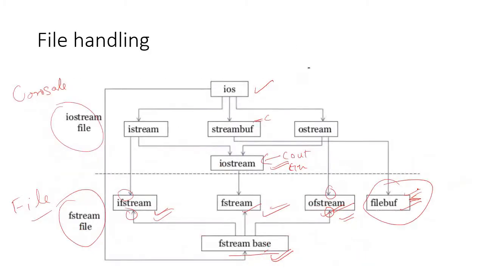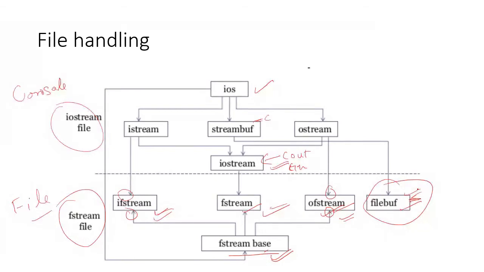So this particular hierarchy allows you to have an overall understanding that yes, there is an iostream, which is a top level class, a top level base class, and then it has been derived into further different kinds of classes which are responsible for either console or file.